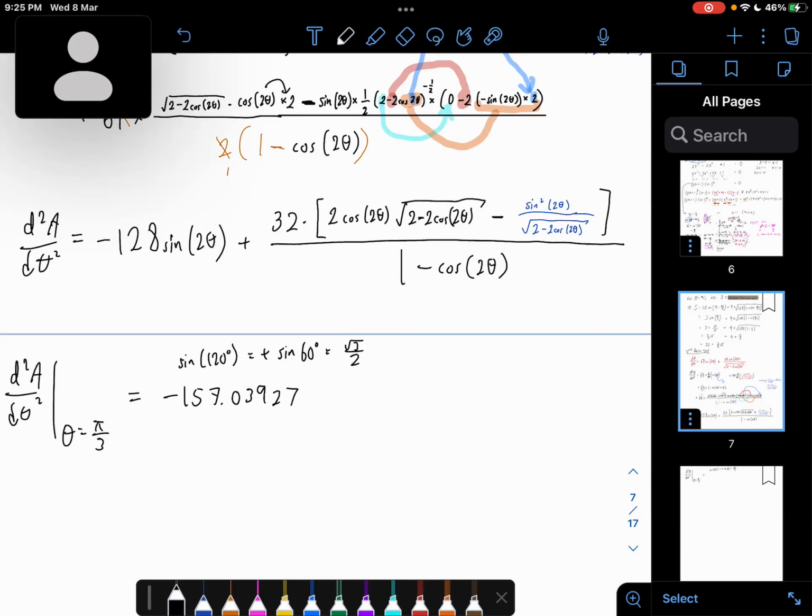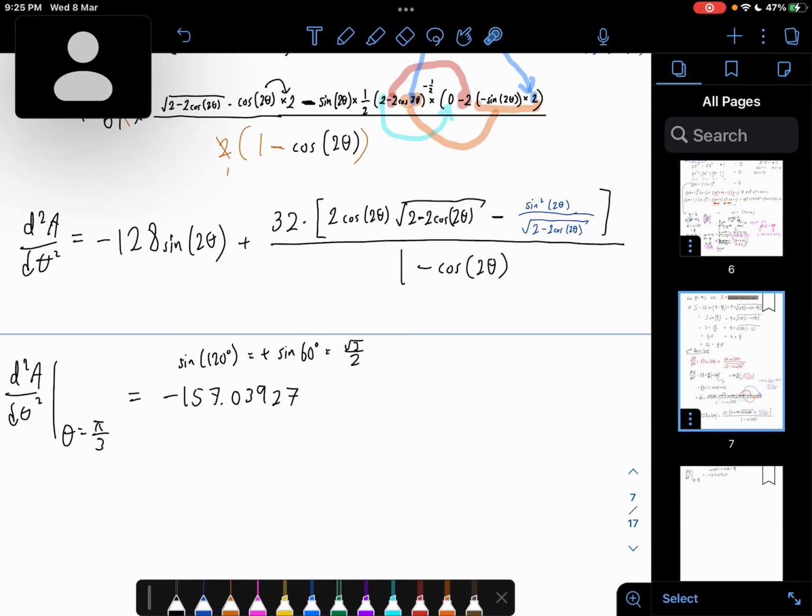Do you get? Oh, I got syntax error. Be careful of open bracket, close bracket, that kind of thing. Follow exactly. You see open bracket, you put open. You see close, you put close. Yes. I get negative.